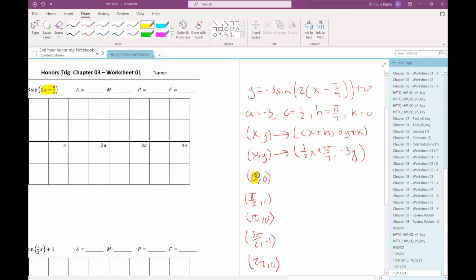So what I'm going to do then is take the x from my parent function and plug it into the x in my map, and the y from my parent function and plug it in for the y in my map, and just evaluate. And I'm just going to keep on doing this for each of the points. Is that okay? Okay.